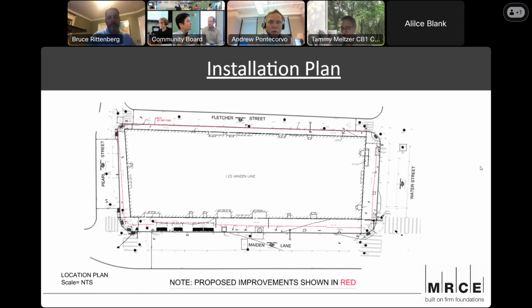Okay, so the property at 125 Maiden Lane occupies the entire block between Maiden Lane, Fletcher Street, Pearl Street, and Water Street. What we see here is existing street features: light posts, Con Edison vaults, ramps, and the corner skid protection that the DOT has installed for accessibility.